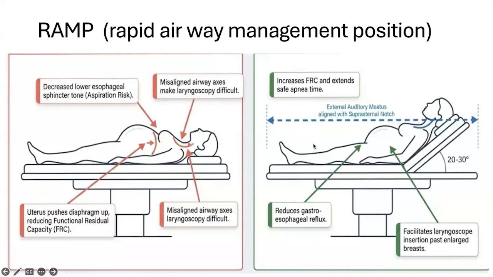If the patient is propped up in the rapid airway management position, which is 20 to 30 degrees head-up tilt, the diaphragm is pushed down, FRC improves, safe apnea time prolongs, gastroesophageal reflux is reduced because the gastric pressure goes down, and the airway alignment is much better to handle the airway, and also the breasts are displaced and the maneuver will be much easier.